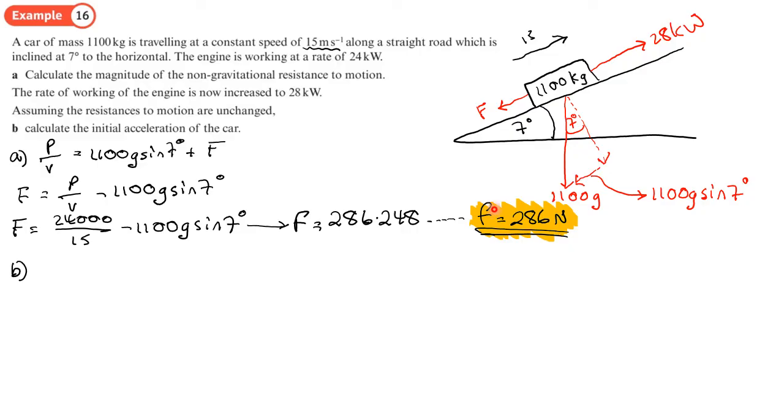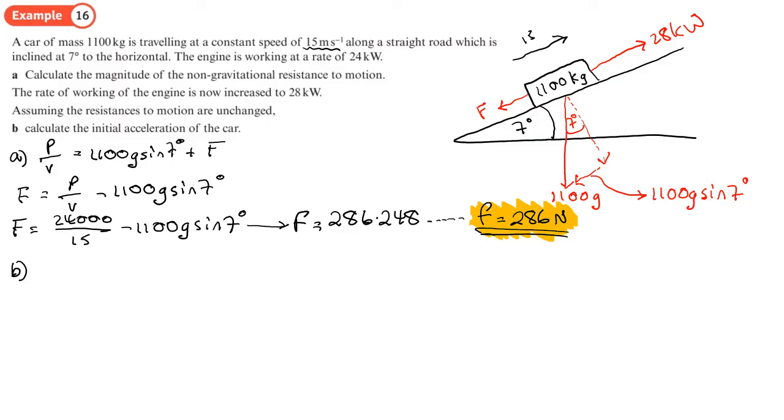Now this time, because it's accelerating, that means that the forces are not balanced. The 28 kilowatts as a force P over V minus this component and the frictional force 286 is going to equal MA.